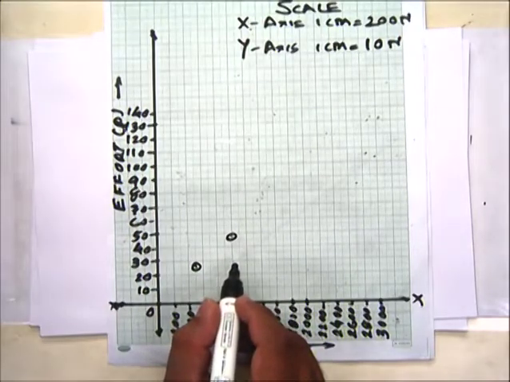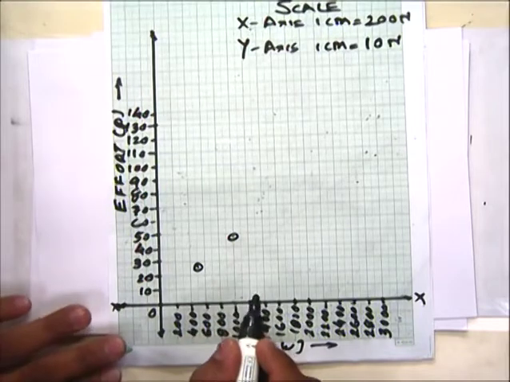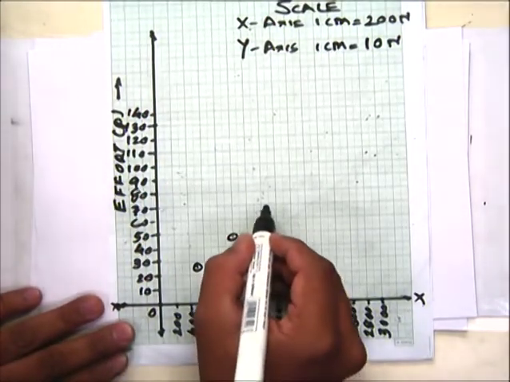For the third set of data we have a 1500 Newton load and 76 Newton effort, so 1500 Newton load and 76.